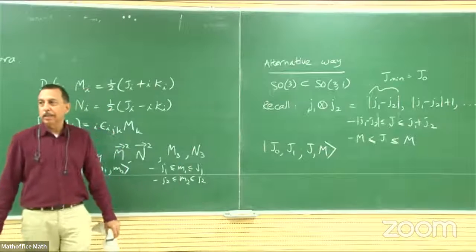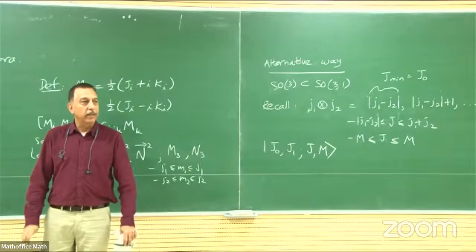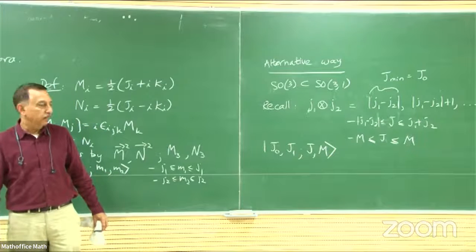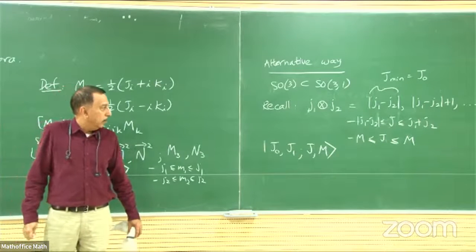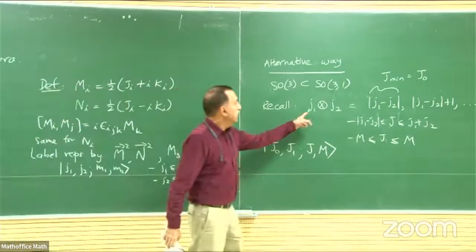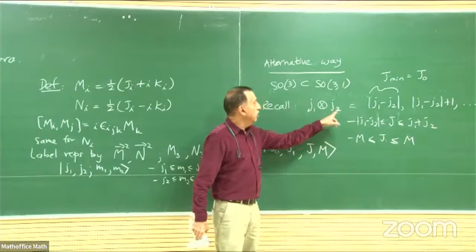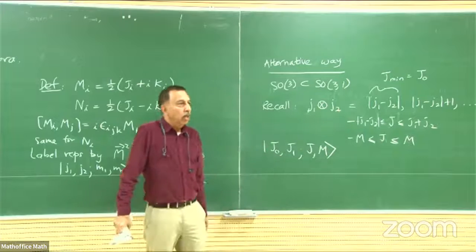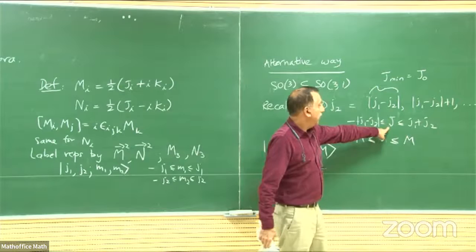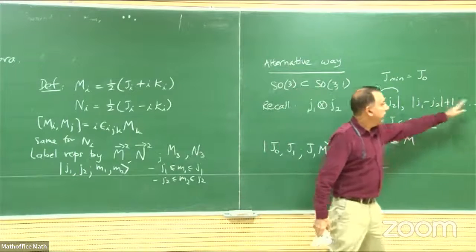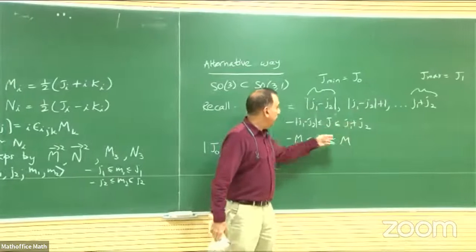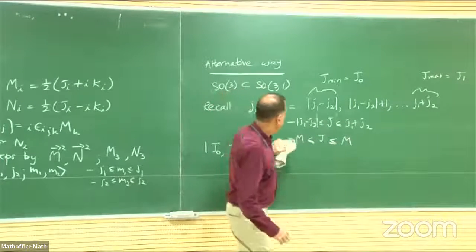If you have ever studied addition of angular momenta, as it's called in quantum mechanics, you have used this umpteen times. I'm just repeating something which is very standard. Okay, that the representation obtained by tensoring an irreducible one of J1 and J2 is reducible. To pick an irreducible one, I must specify a J which is in this range. Okay, and then within that one, the M value will go from, sorry, completely wrong.